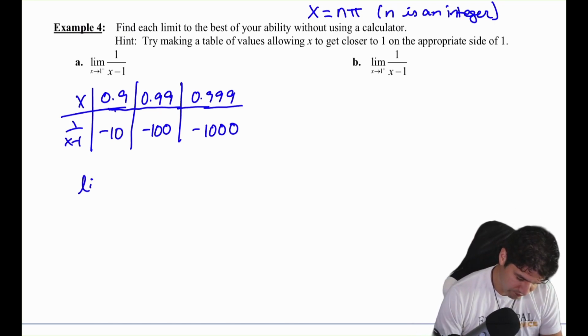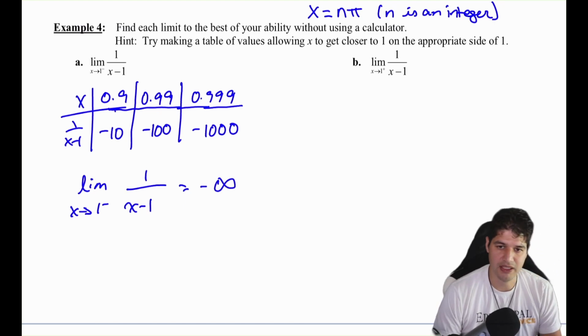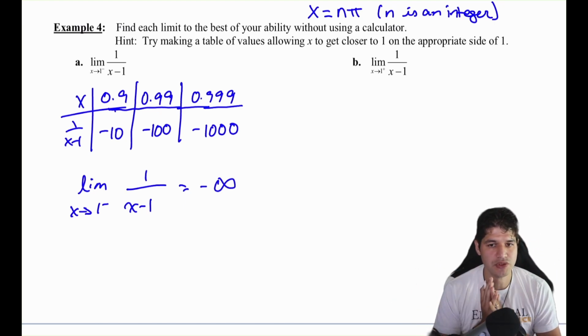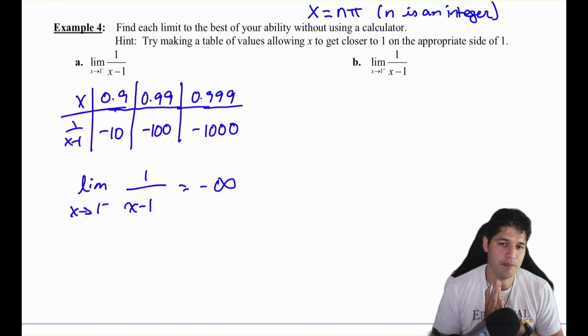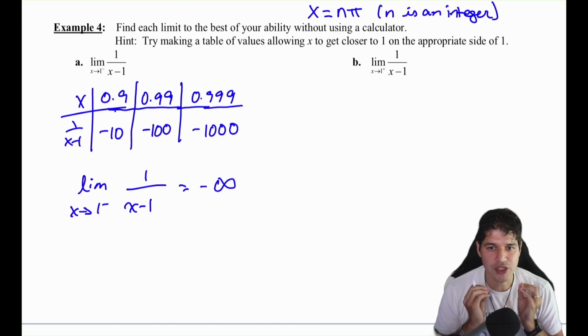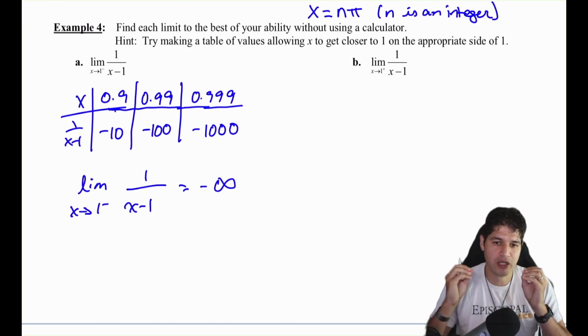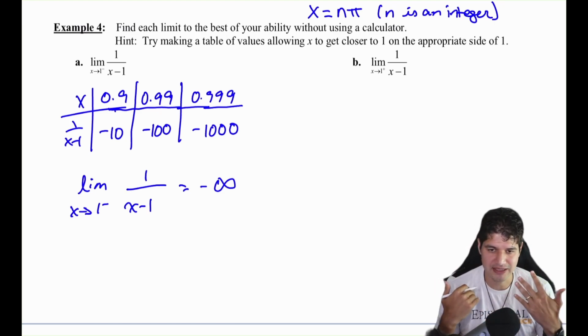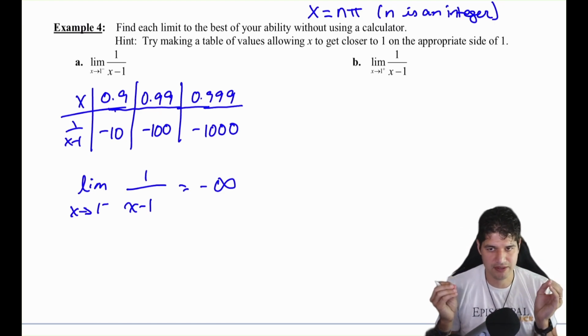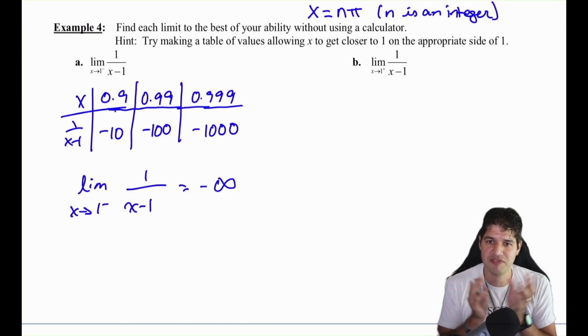The limit as x approaches 1 from the left side of 1 over x minus 1 is going to be negative infinity. As we get closer and closer to 1, 0.999999999, so on and so forth, we're going to get even greater negative numbers. So we are approaching negative infinity. And again, it just means that the limit does not exist, but you can see the behavior, the vertical asymptote.